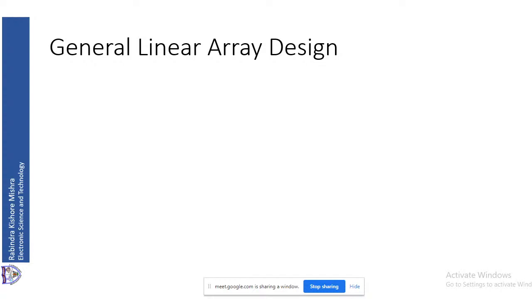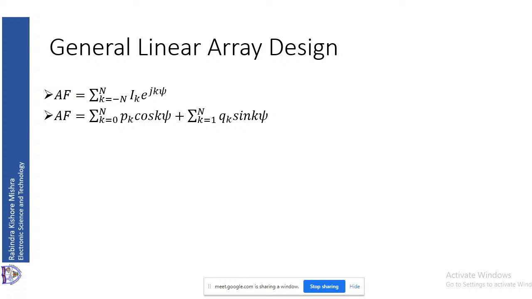So let us go to the design using this. We have found that the array factor is equal to summation k is equal to minus n to n ik exponential jk psi. Then by expanding that, we have also seen the array factor is equal to summation k is equal to 0 to n pk cos k psi plus summation k is equal to 1 to n qk sin k psi.